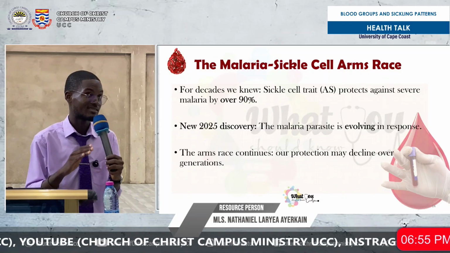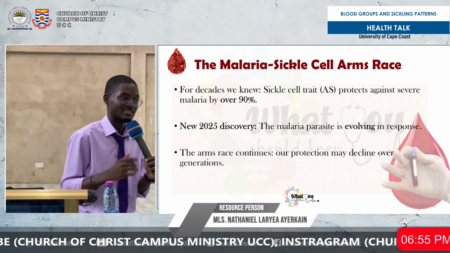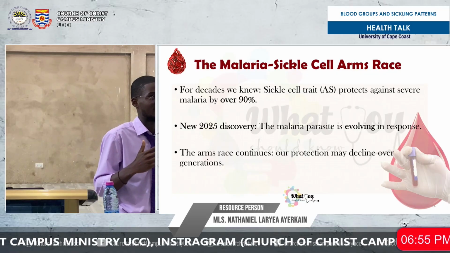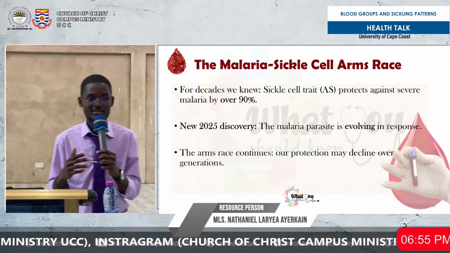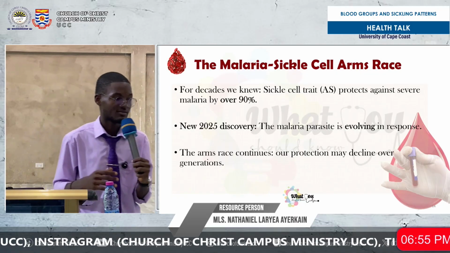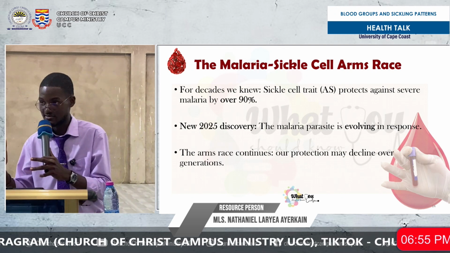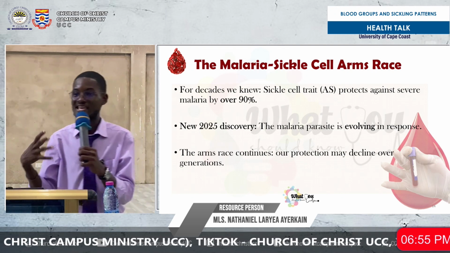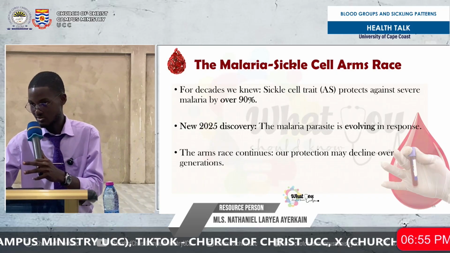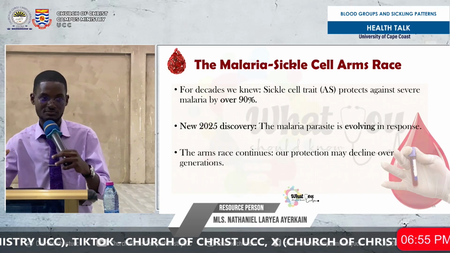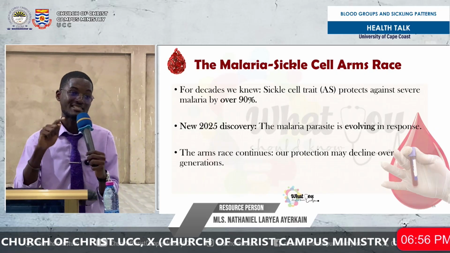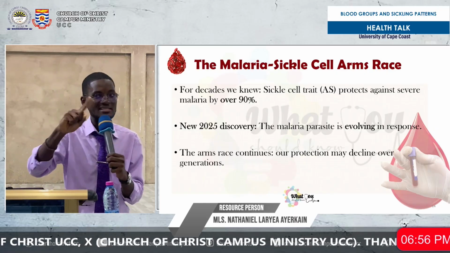The malaria parasite has now adapted to what the AS people had that was not allowing it to infect them. So now, if someone is AS and gets infected with malaria, that person can be a weapon.